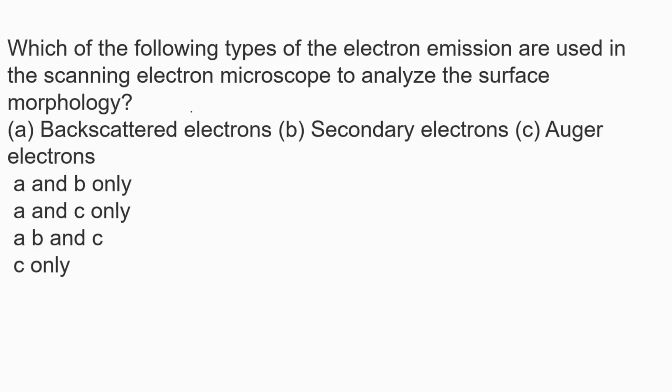Here is the next question. Which of the following types of electron emission are used in the scanning electron microscope to analyze the surface morphology? Options are A, backscattered electrons, B, secondary electrons, C, Auger electrons. The options are A and B only, A and C only, A, B and C, or C only.